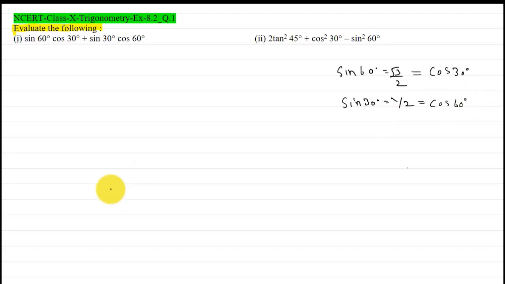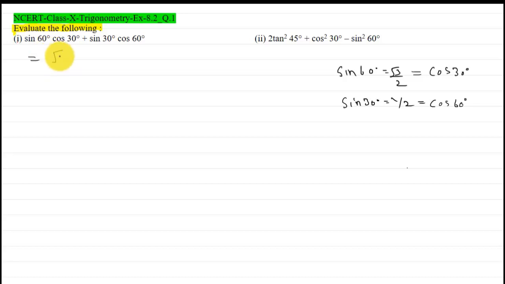For the calculation of these trigonometric ratios, you can view our previous video in which we discuss how to calculate these specific ratios.